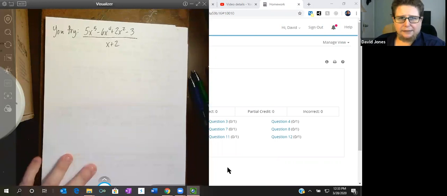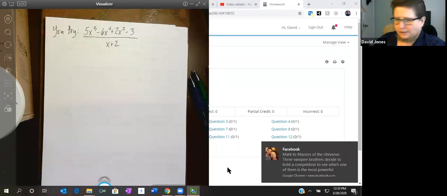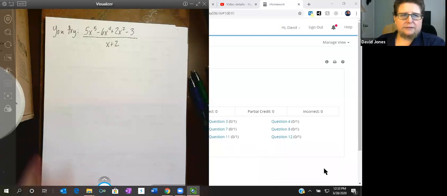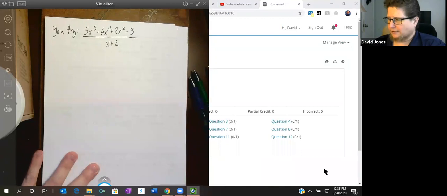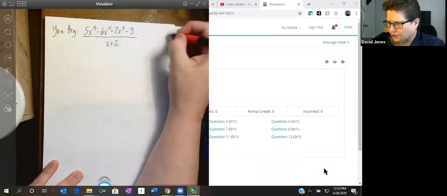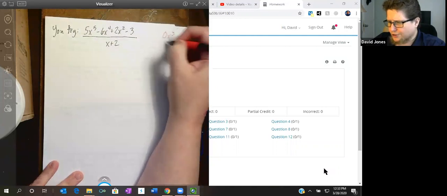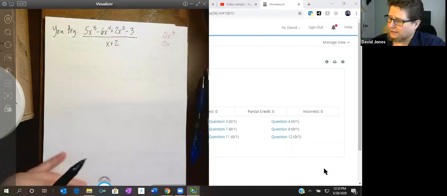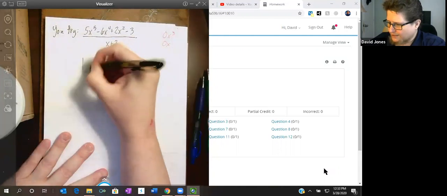Please pause it and try this on your own. And then we'll do it together. So the exponents that are missing, there is no x cubed and there's no x. So my box needs to have zeros in for them.